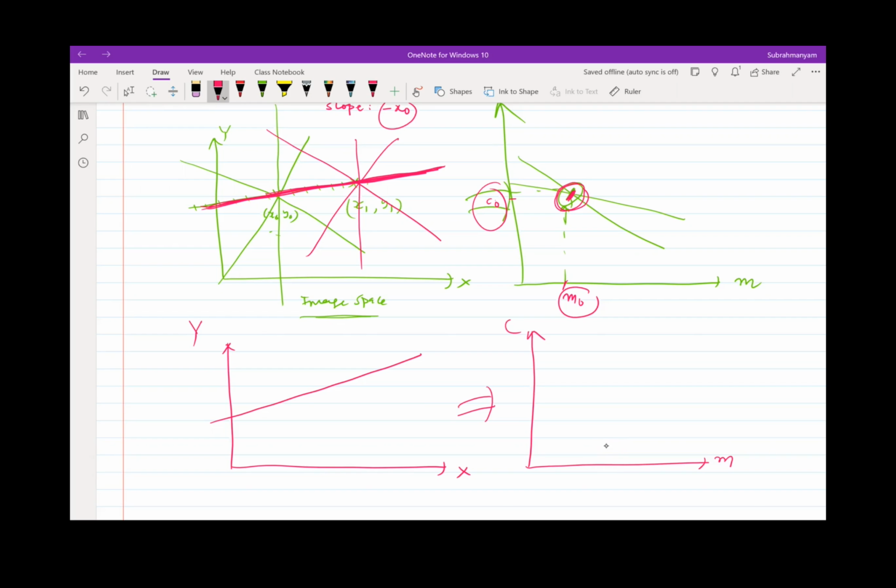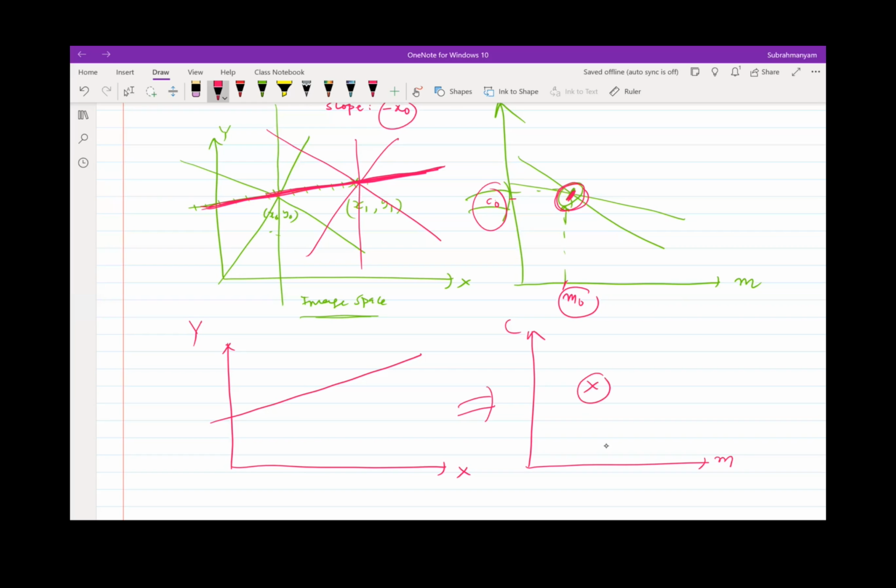Earlier, I took a point in the image space and saw its representation, or a locus of its representation, in the M and C space, its parametric space. Now in the image space, instead of a point, I have a line. How will it get represented in the parametric space of M and C? A point. That's all. It's a point.